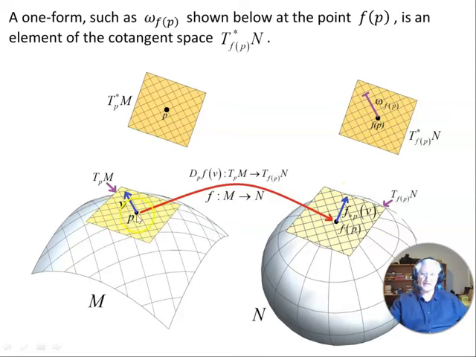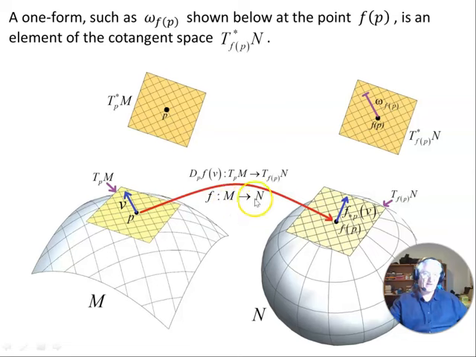Now we have a vector tangent to the point P on the manifold M. It exists in the tangent space of manifold M at the point P. And this vector we push forward to the tangent space of the manifold N at the point F of P, thanks to the map.